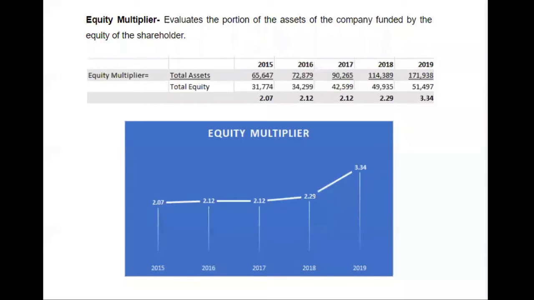Equity multiplier evaluates the portion of the assets of the company funded by the equity of the shareholder. To get the equity multiplier, we're going to divide total assets over total equity.